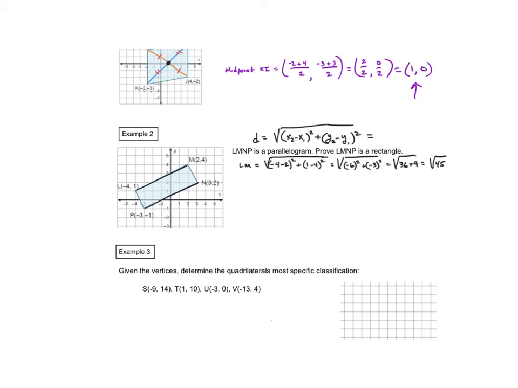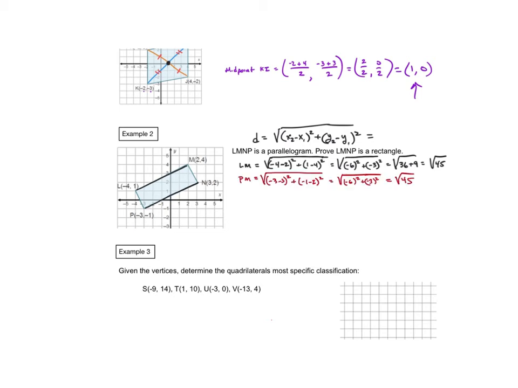As we work through, we're using our ordered pairs to find our points, which turns out to be the square root of negative 6 squared plus negative 3 squared, which is the square root of 36 plus 9, which is the square root of 45. And we are just simplifying it along the way so you can see all the steps.